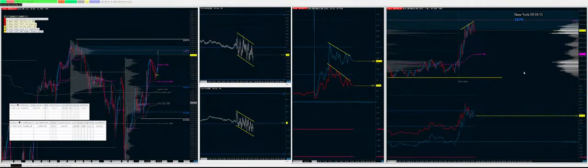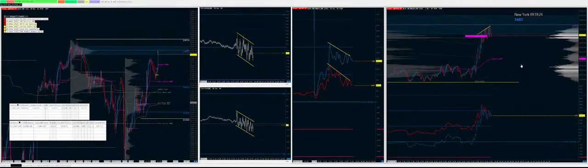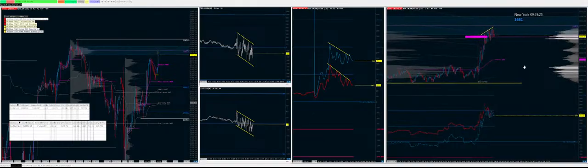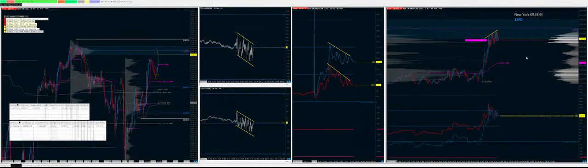Again, we can go with 1 micro and we'll see what happens. If you need trades or you're trying to get an account funded or whatever, then yeah, you may have to take some counter trend trades like this. But you have to understand again that it's against the trend, so you've got to play it smart.